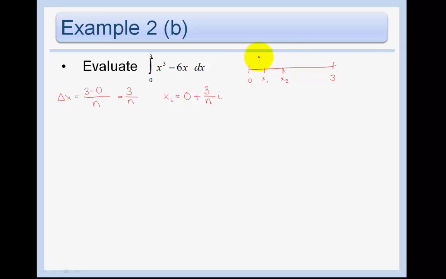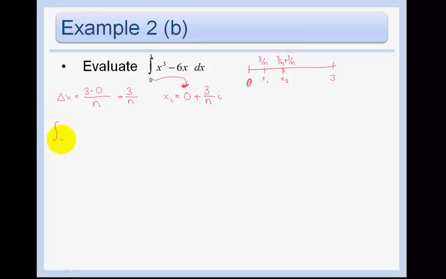This would just be 3 over n. But then the next one would be 3 over n plus 3 over n, and so forth, right? So we just take our endpoint 0, that comes from here, plus the delta x. And the ith one is just i delta x.